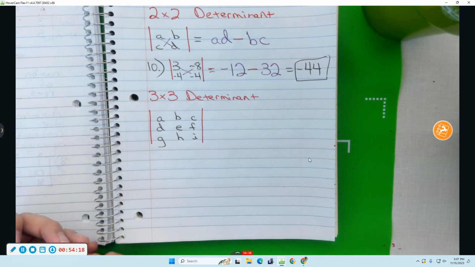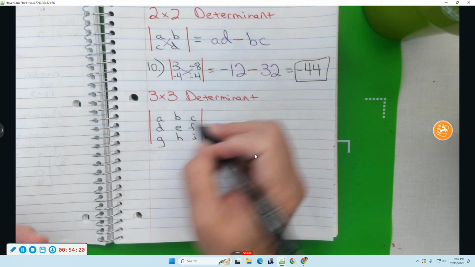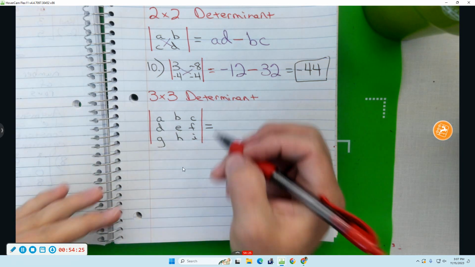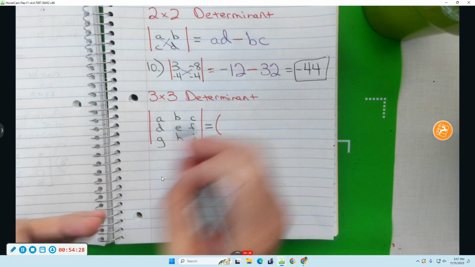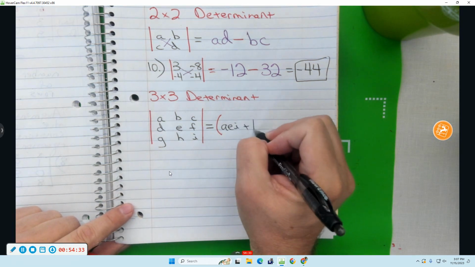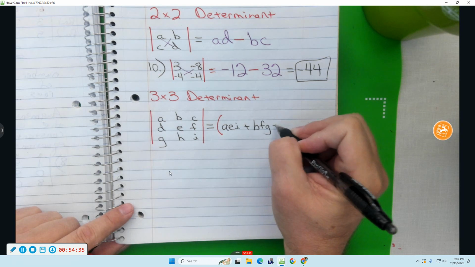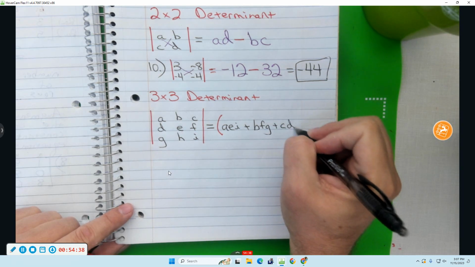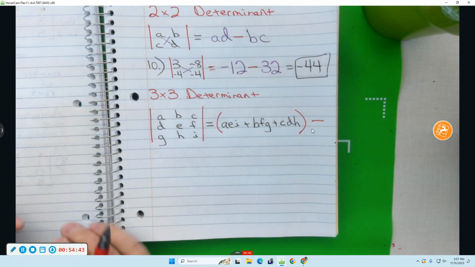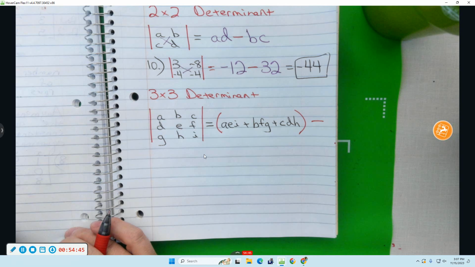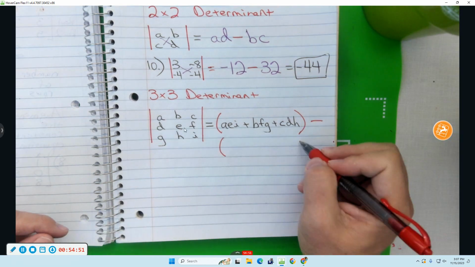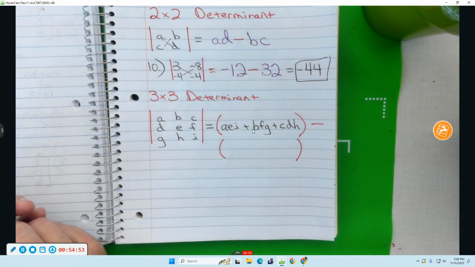And here goes, okay? There's more than one diagonal. See if y'all follow the pattern. Left parenthesis: A times E times I plus B times F times G plus C times D times H. Close parenthesis, minus.